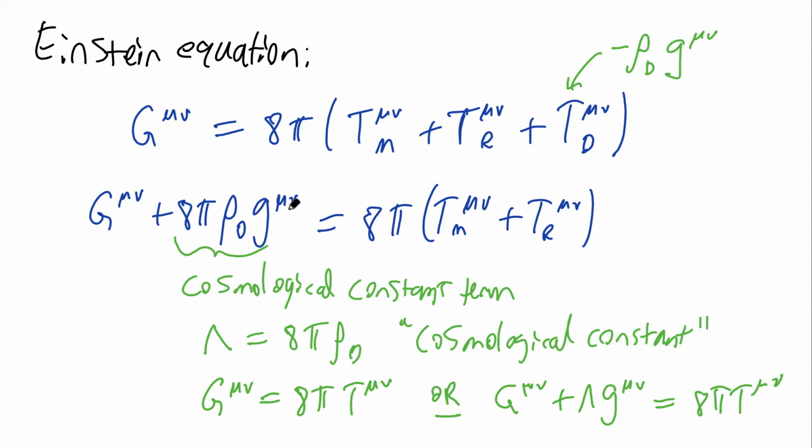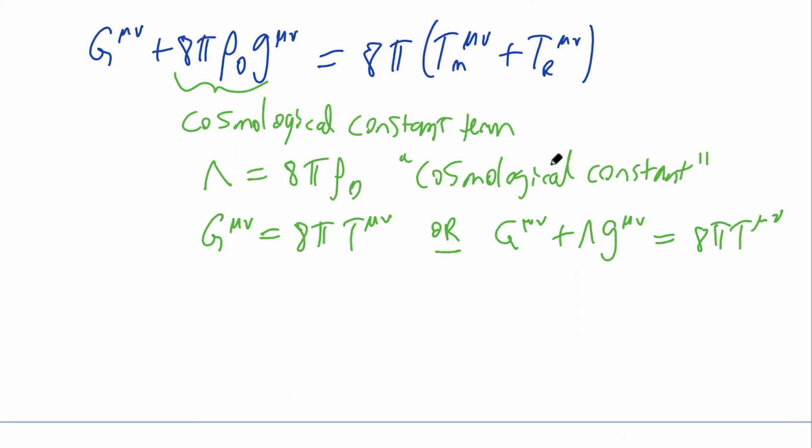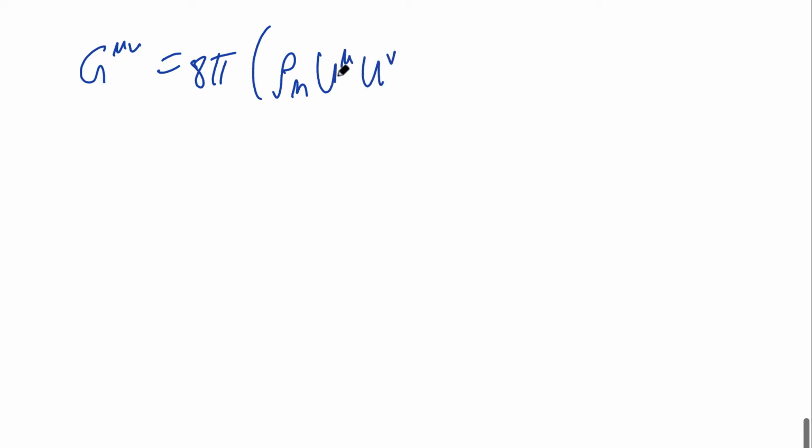Now let's bring this term back to the right-hand side and write out the Einstein equation in detail. We have G mu nu equals 8 pi times, first the matter contribution to the stress energy momentum tensor, that's the matter energy density times u mu u nu, so it's just the stress energy momentum tensor for dust.